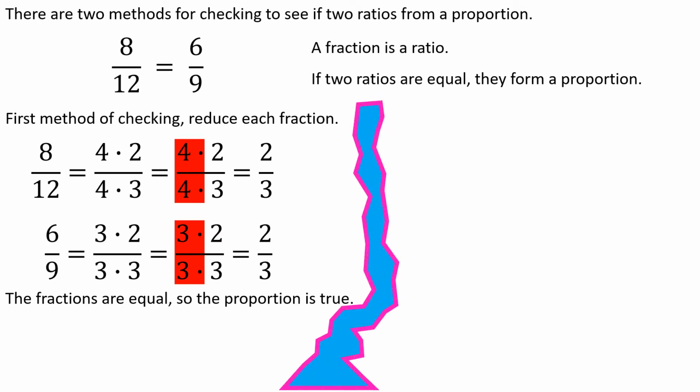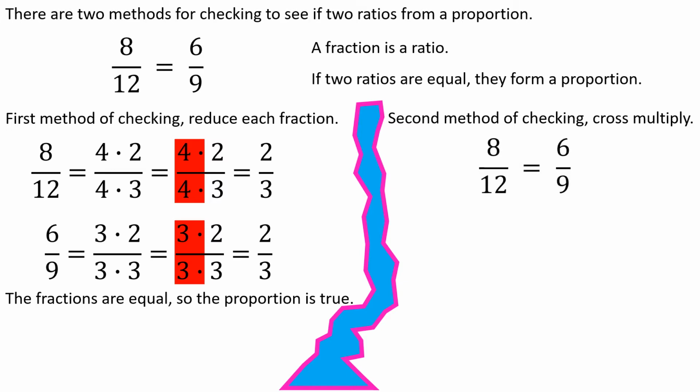Oh, we've got to take a look at a second method. Now I'm going to use the exact same two fractions. I'm going to have that 8 over 12 again, and 6 over 9 again, and we're going to cross multiply. So to cross multiply, the denominator of one fraction has to multiply the numerator of the other fraction. 6 times 12 is 72.